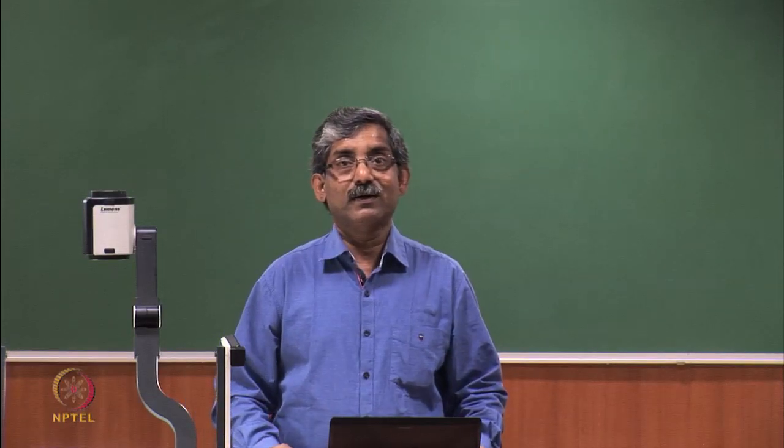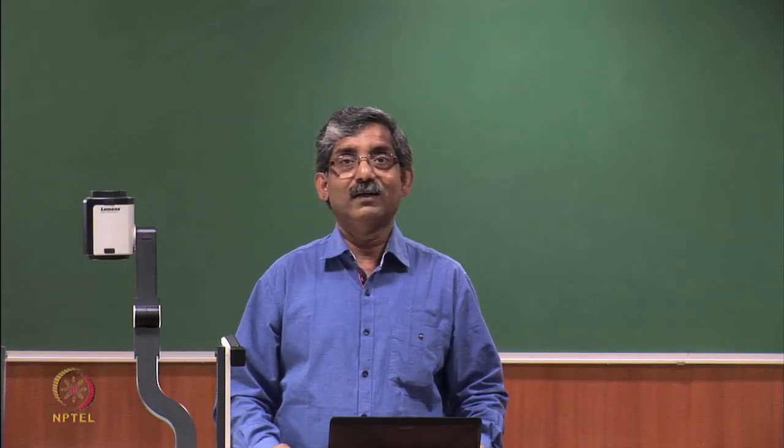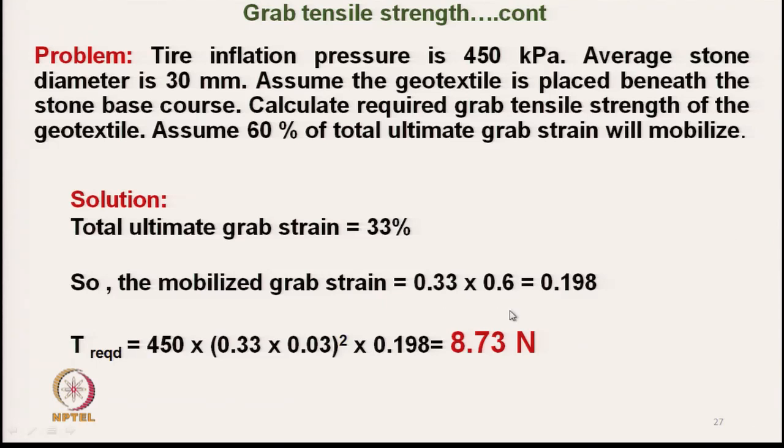The effective strain will be 0.33 multiplied by 0.6, it is 0.198, that is the strain value, and the diameter of stone was 30 millimeter, that is 0.03 meter, and the maximum void diameter is 0.33 multiplied by 0.03.